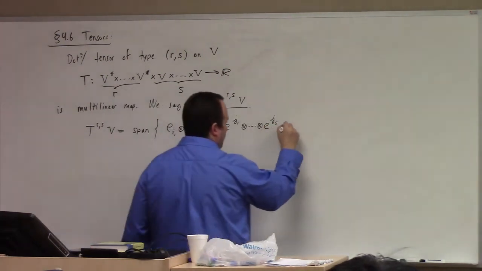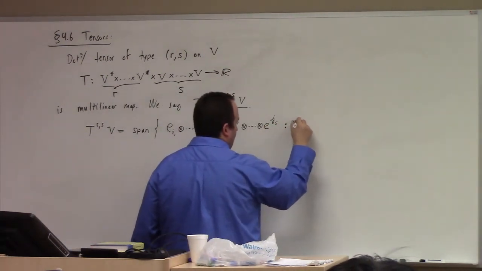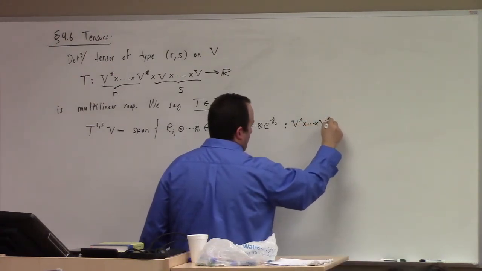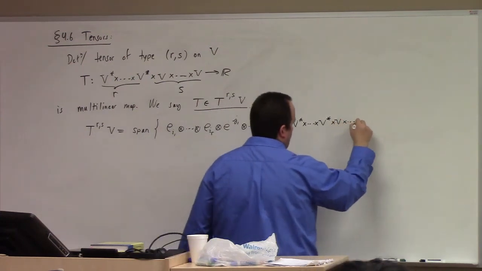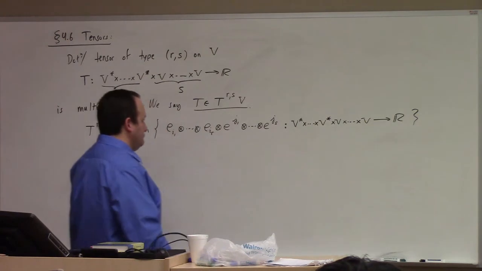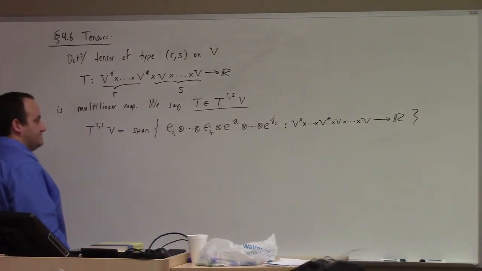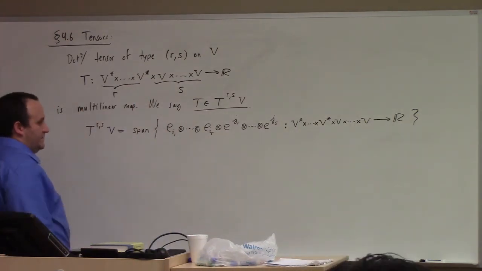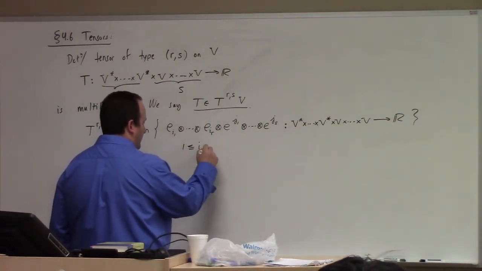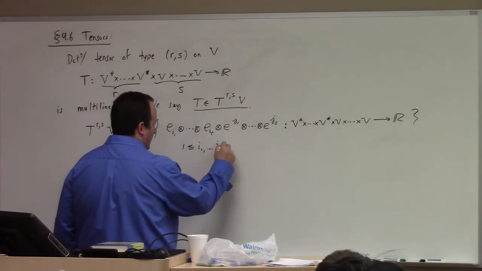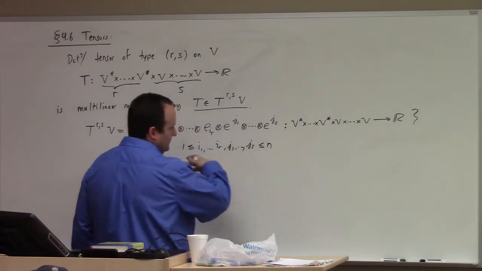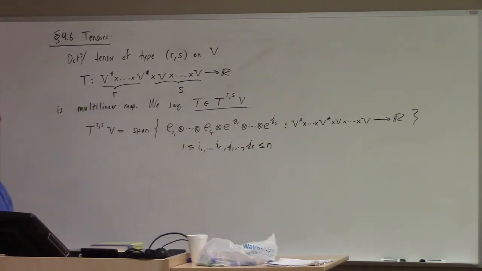So this is naturally a mapping from V cross the dual a bunch of times, and V, to the reals, where we've got 1 less than or equal to i_1, ..., i_R, j_1, ..., j_S less than or equal to N. So just all possible indices.